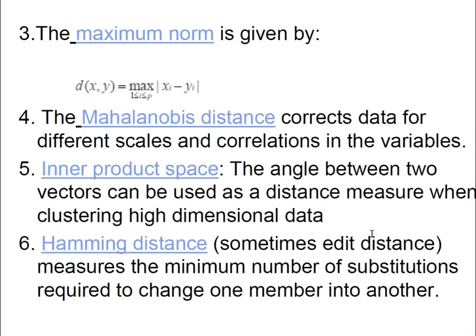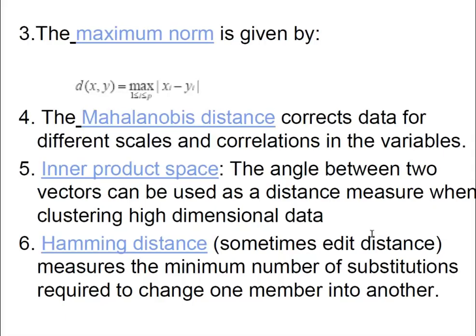The next distance measure, Mahalanobis distance, is more sophisticated. It accounts for the correlations between variables and the scale of each feature. If your data has features measured in different units, like heights in centimeters and income in thousands of dollars, this measure corrects for those differences.